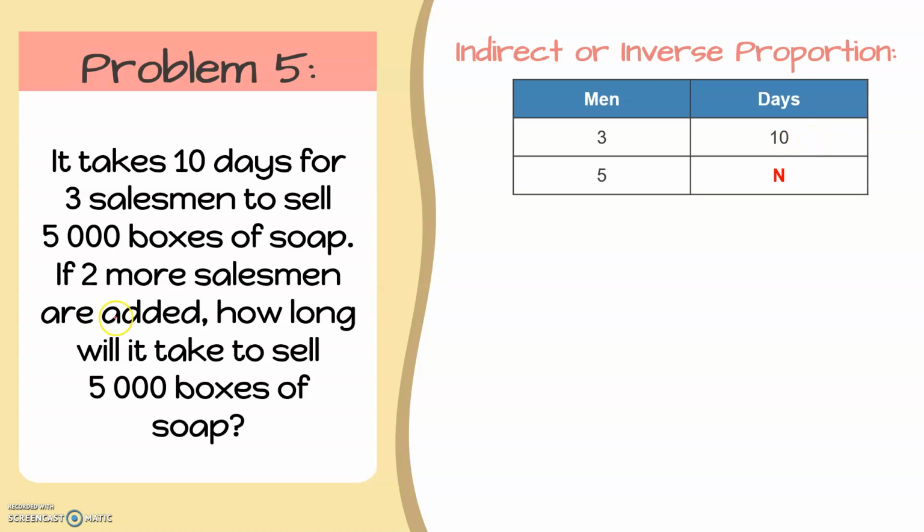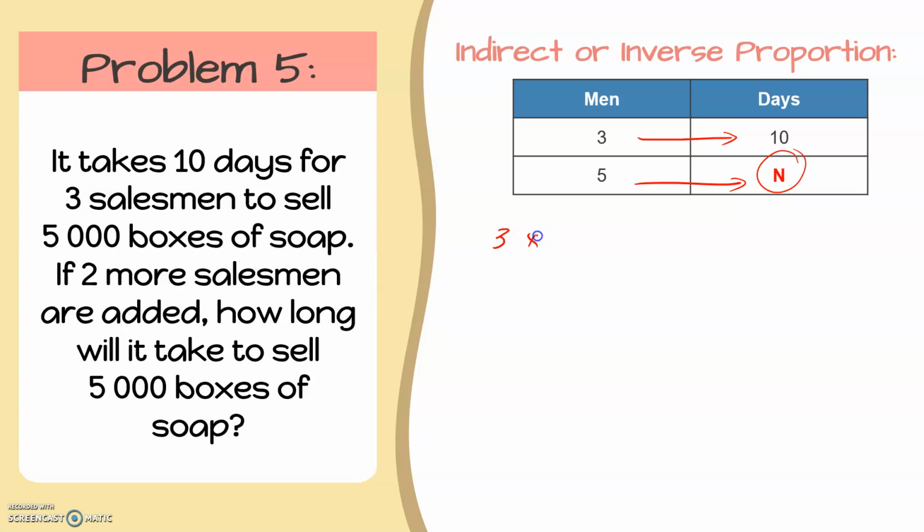Now, if we add 2 more to the 3 salesmen, it will become 5. That's why I wrote here 5 instead of 2. The question is asking how many days it will take 5 salesmen to sell the same number of boxes of soap. Since this is an indirect or inverse proportion, again, we will multiply the numbers on the same row to find the value of n.